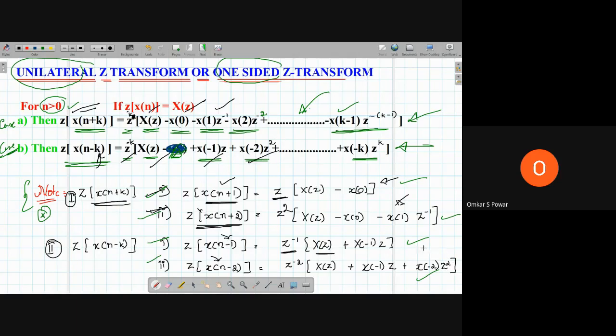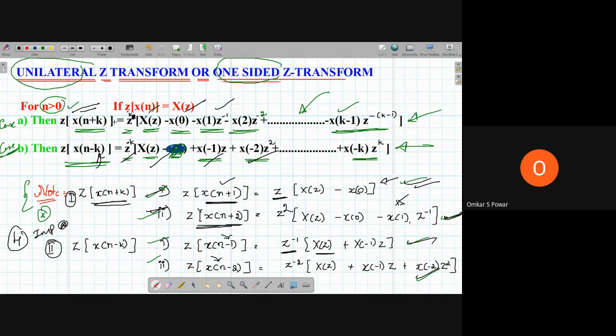So please keep these four formulas in mind. These things will be required while solving this difference equation. These four are very important to solve difference equations. So how did we get this? We have the generalized formula for z transform of n plus k and z transform of n minus k.